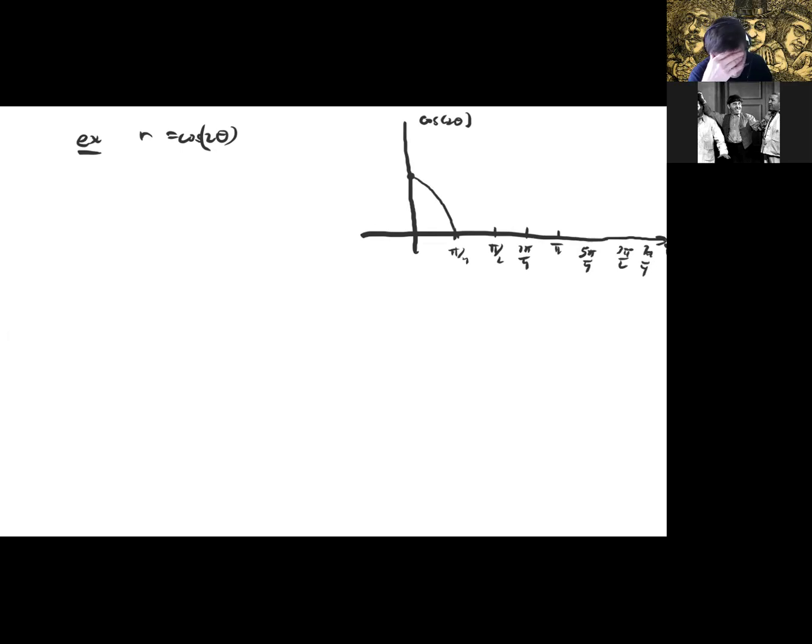Okay, and then from pi over 4 to pi over 2, at pi over 2, you're going to get cosine of pi, which is minus 1. So that's down here, and it's decreasing down to minus 1. From pi over 2 to 3 pi over 4, it's increasing back to 0. From 3 pi over 4 to pi, you're going to get back from 0 to 1, and then it starts repeating itself in the same way.